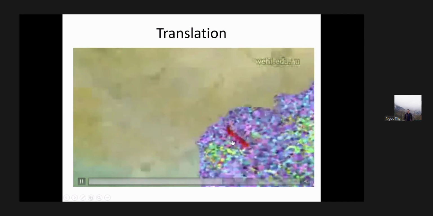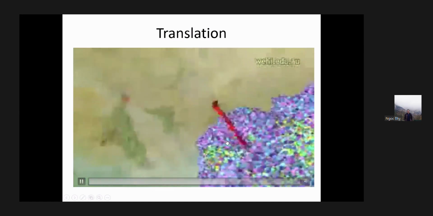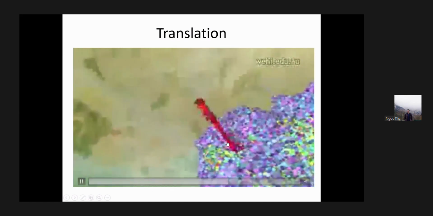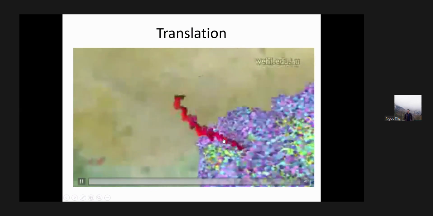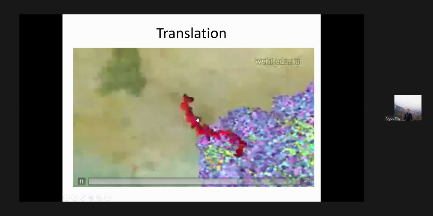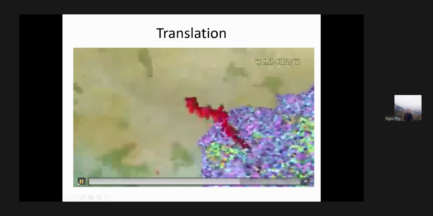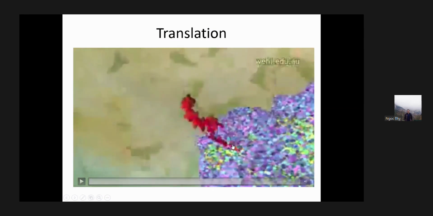So the polypeptide here, as soon as it is being synthesized, starts going through post-translational modification to form its 3D shape of the protein.